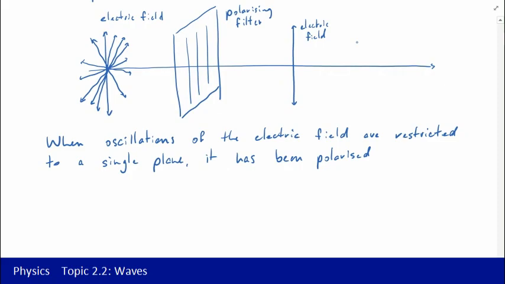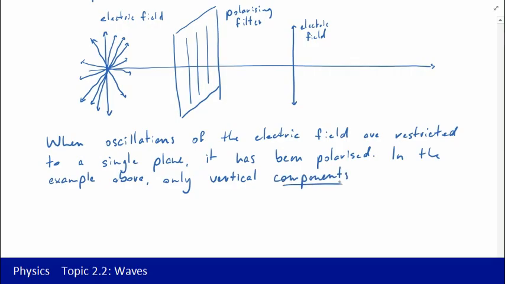So in this particular case, in that example, it's not just the oscillation of the vertical electric field that is making it through, it's all of the vertical components. So all of those oscillations can have some of their oscillation making it through that filter.